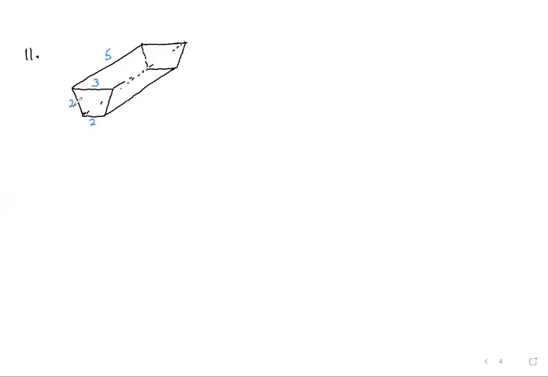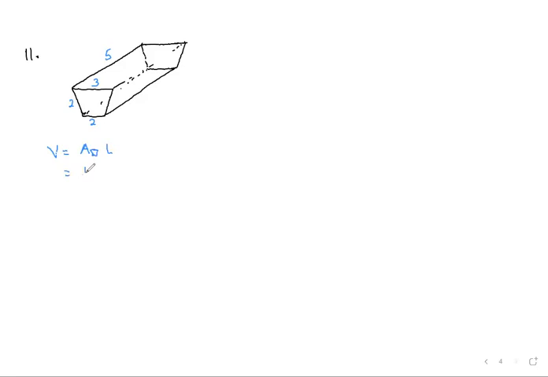Now, water is running into the trough at a rate of 1 cubic meter per minute. So we are talking about volume, but the volume of this thing is the area of this trapezoid base multiplied by the length.